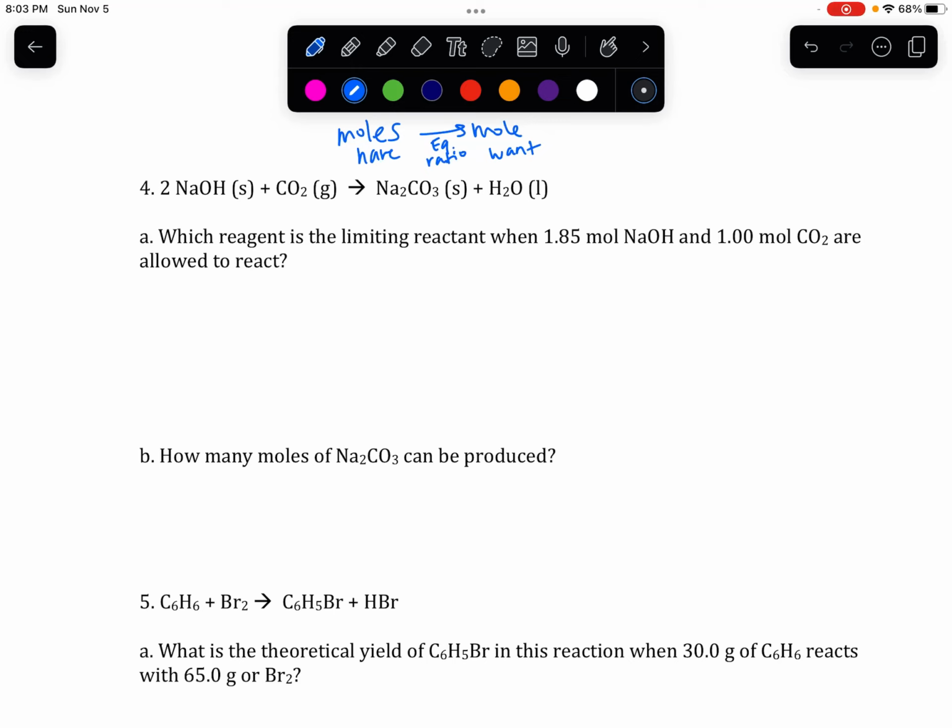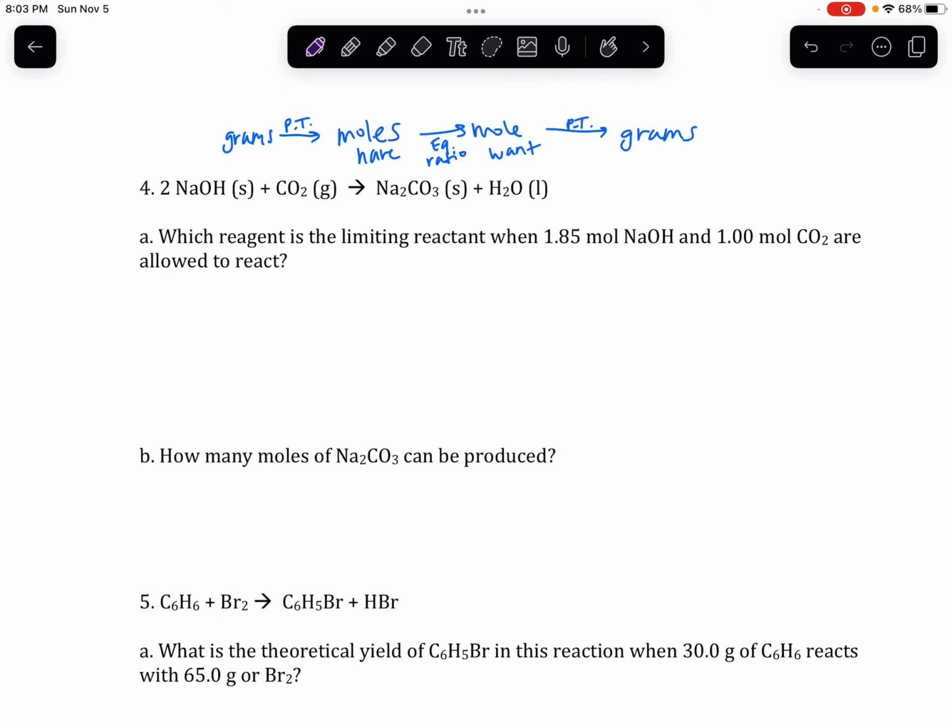Okay, if we don't have moles and we're given grams, then we know we can get to moles using the periodic table. And we know that if we need to end in grams, we can get there using the periodic table, right? Because our molar mass always tells us our number of grams per 1 mole.